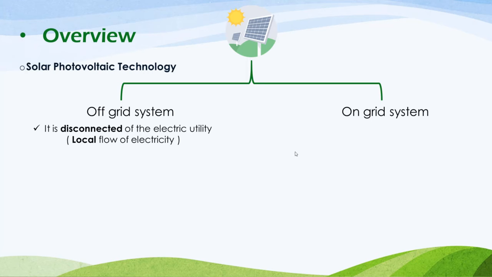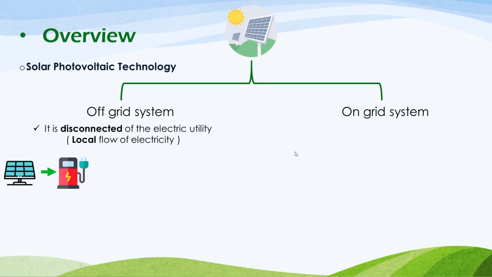The components of the off-grid solar system are the solar panels that receive the sunlight and convert it to direct electrical current. This direct current, or DC current, goes through a charge controller, whose job is to control the flow of DC electrical power from the solar panel.